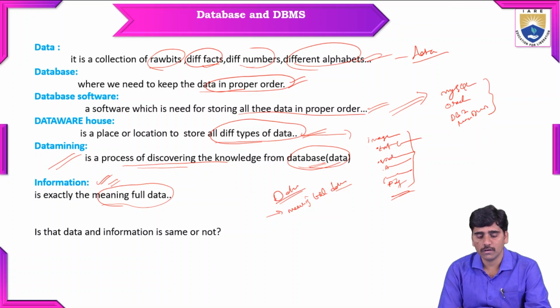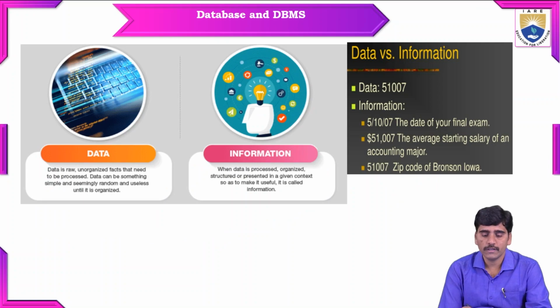From all this, we can conclude: is data and information the same or not? Data is raw, unorganized facts that need to be processed. It can be simple and seemingly random and useless until it's organized.